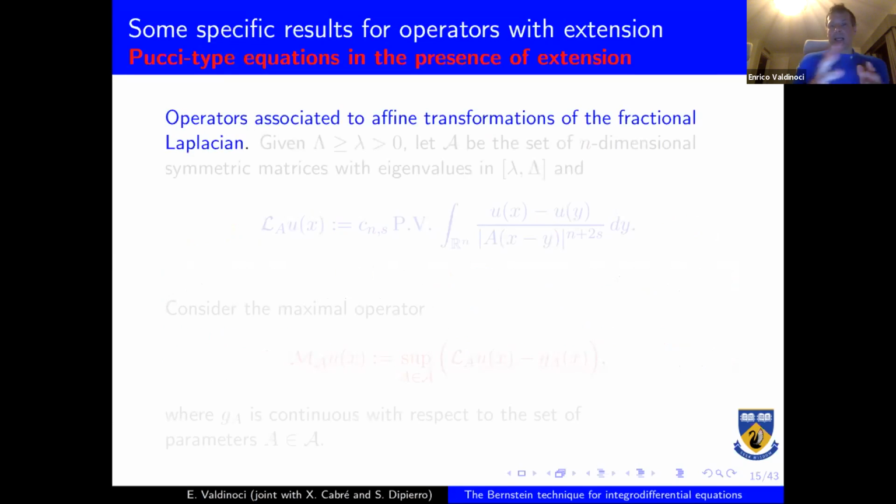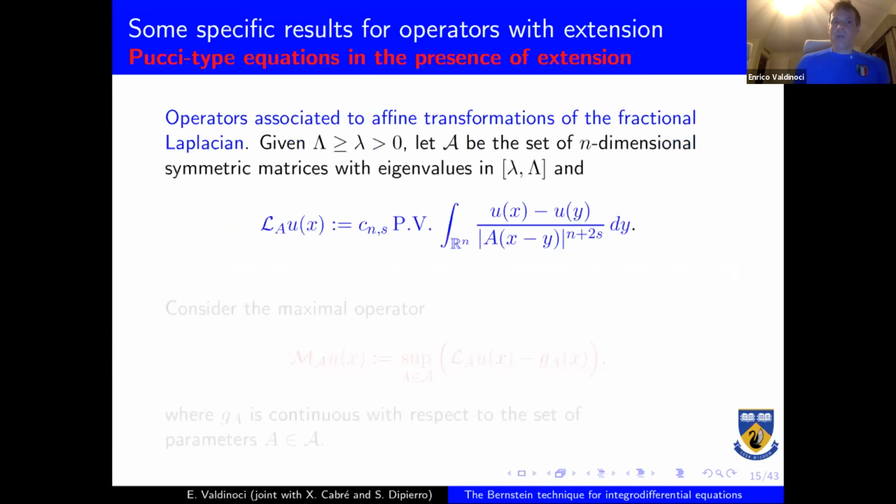The case of operators with extension have very neat theorems, very neat results. Let me quickly present some of them. So for instance, you can consider the case of Pucci type equations, so extremal operators.